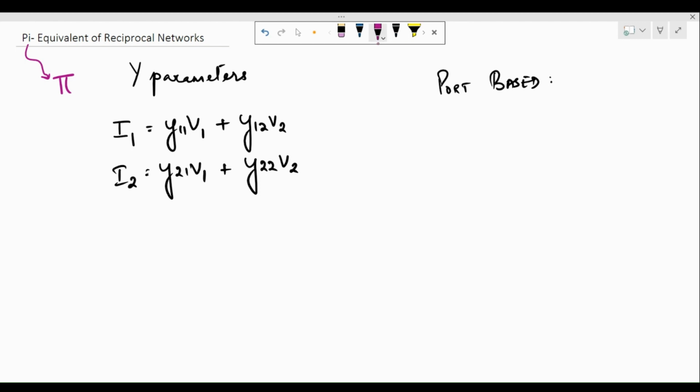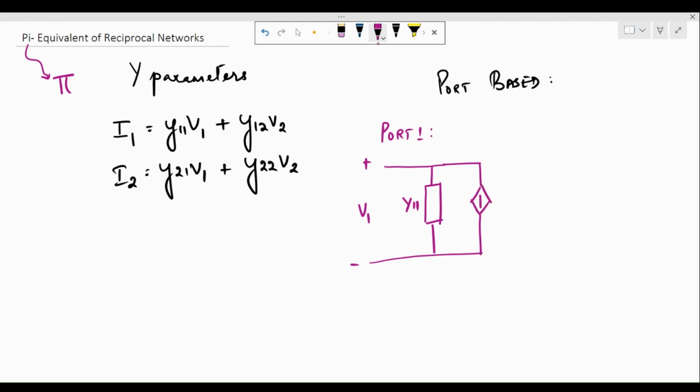So on port 1, we are going to have current 1 which is entering. There's going to be this admittance Y11 which is connected across the positive and the negative terminal, where the voltage is going to be V1. That is going to be connected to a voltage controlled current source given by Y12 V2.